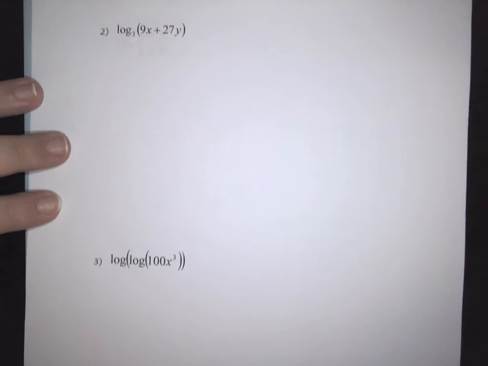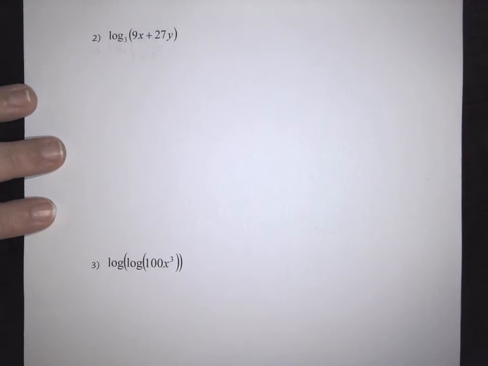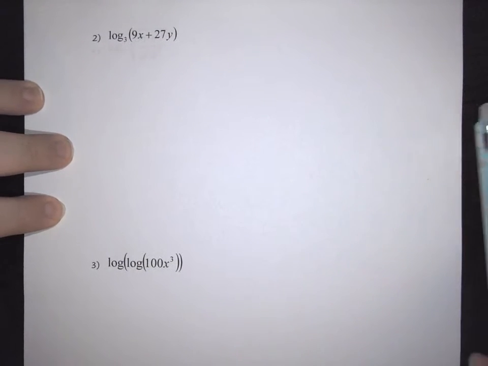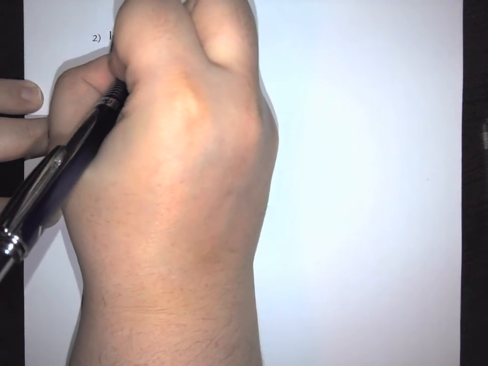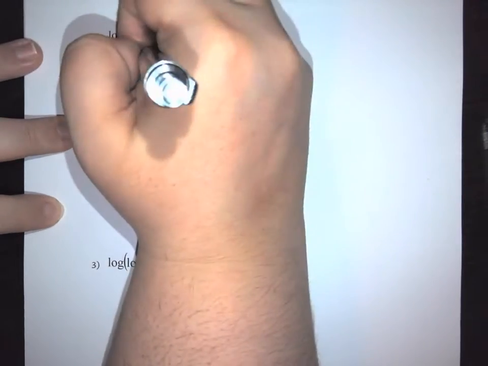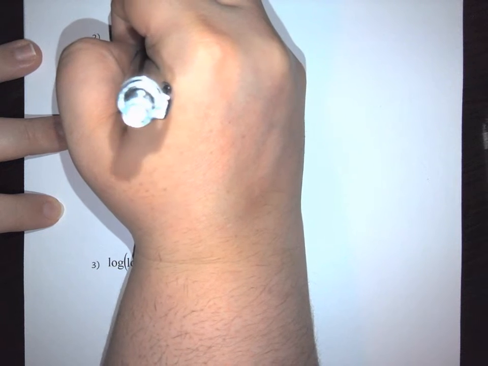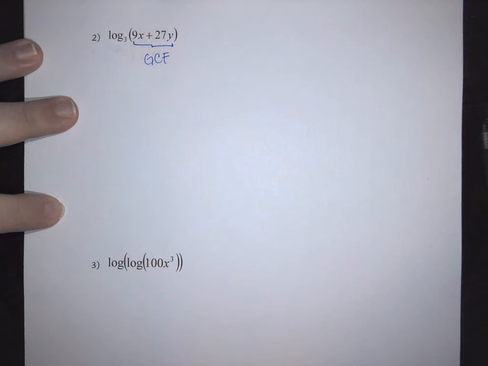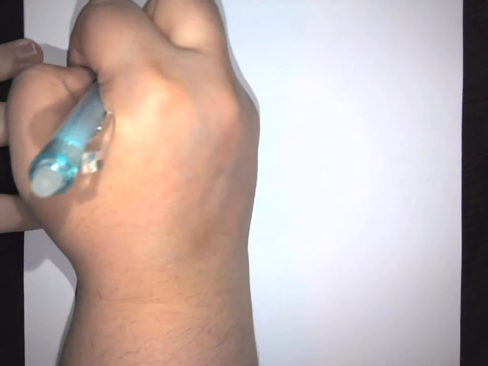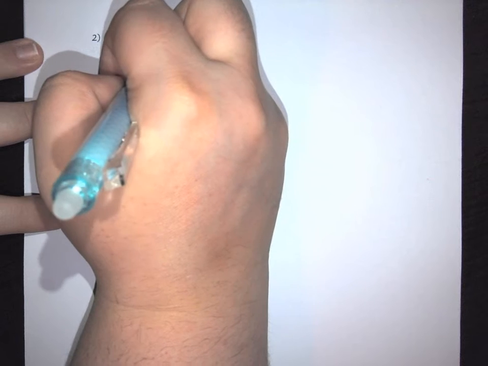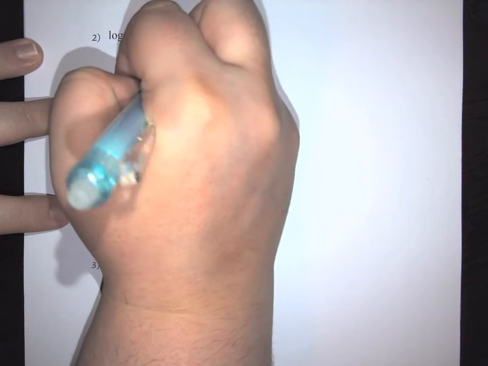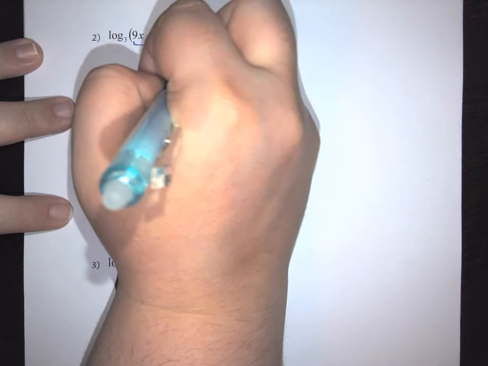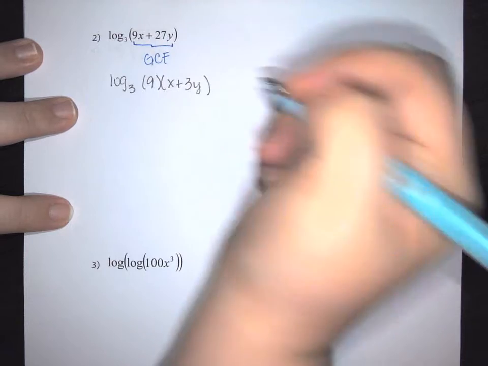Okay, let's look at it again. Now in this next one, one of the things you need to see is that before I even think about properties, I have to factor out a greatest common factor. So here I'm going to have log base 3 of 9 times x plus 3y.